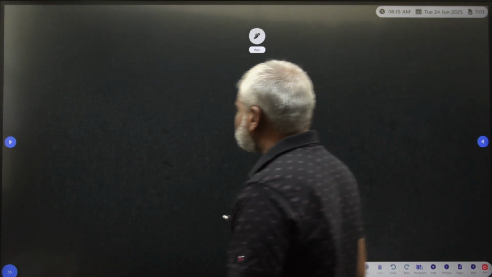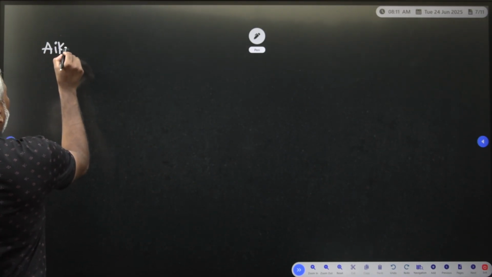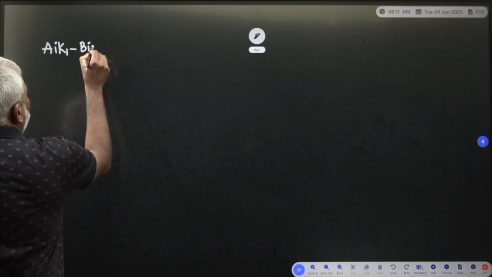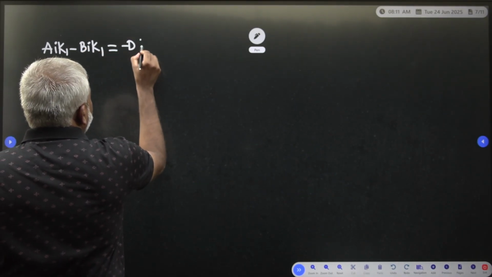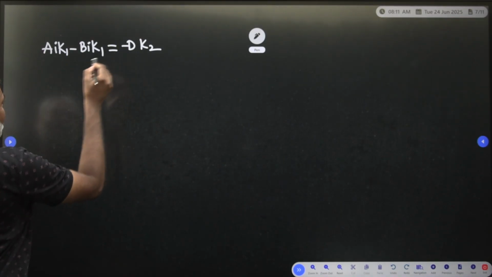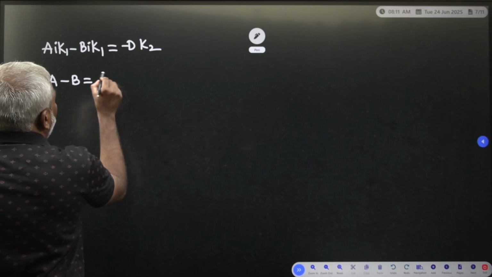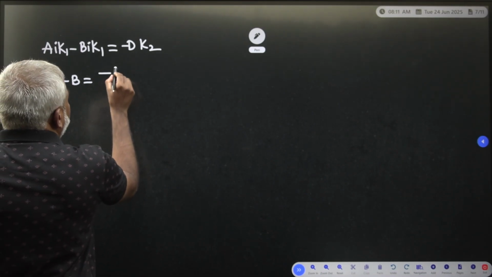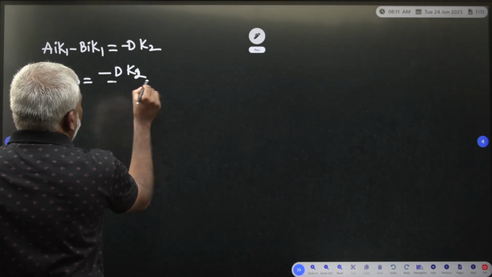So, based on that, a i k1 minus b i k1 is equal to minus d k2. Therefore, taking i k1 to that side, a minus b is equal to minus d divided by, so k2 divided by i k1.